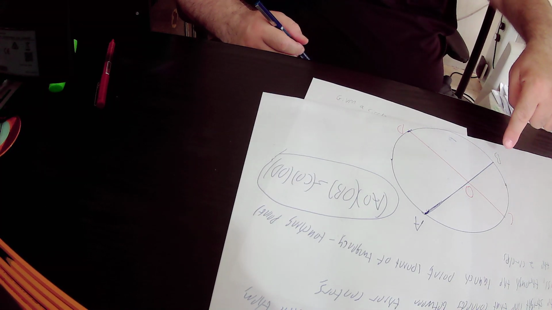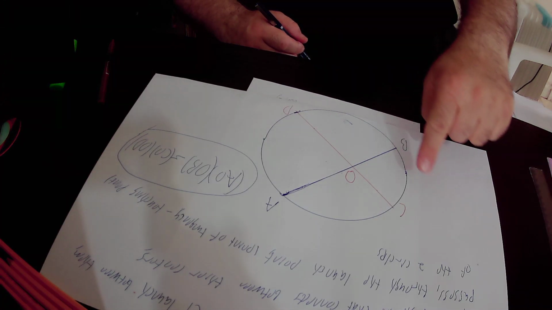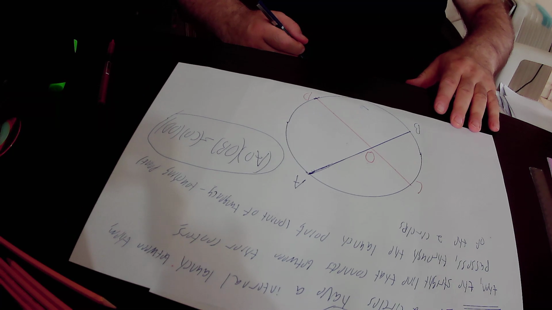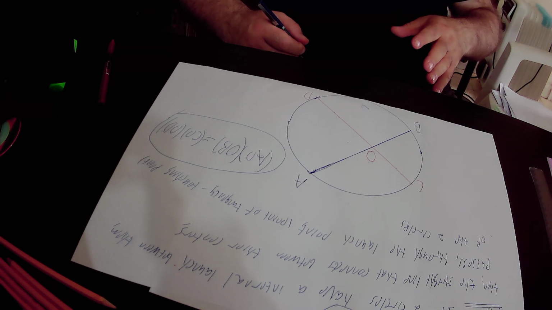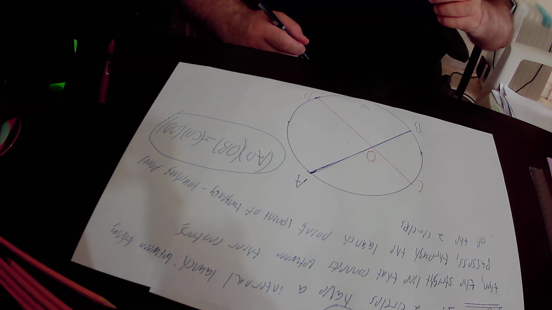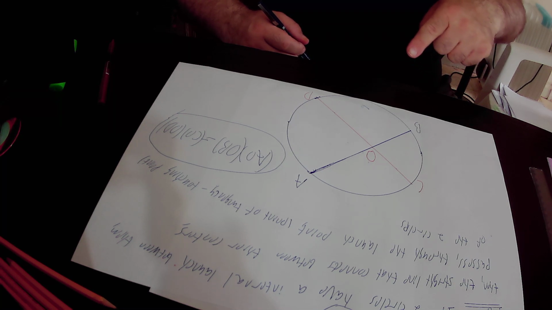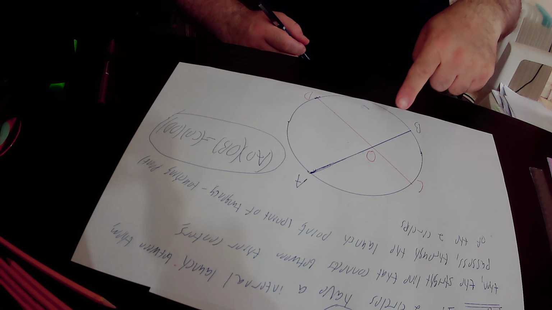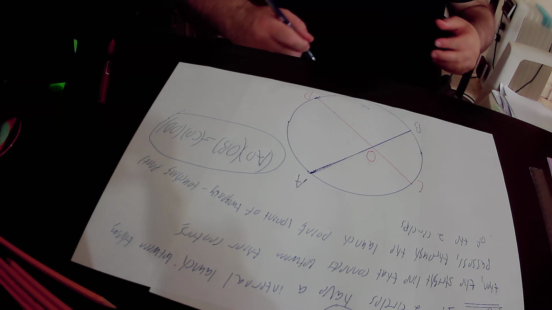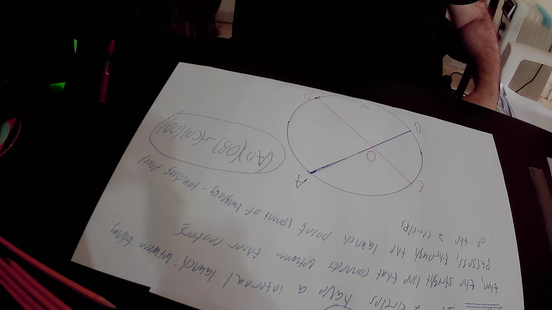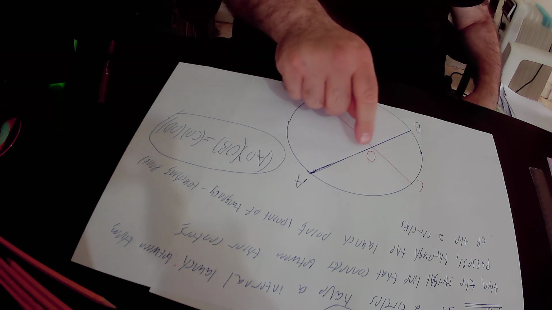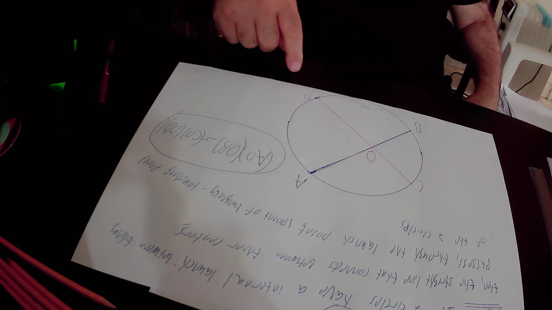AO times OB equals CO times OD. If you have two chords that intersect inside the circle, here chord AB intersects chord CD at point O, then according to rule number 1, AO times OB equals CO times OD.